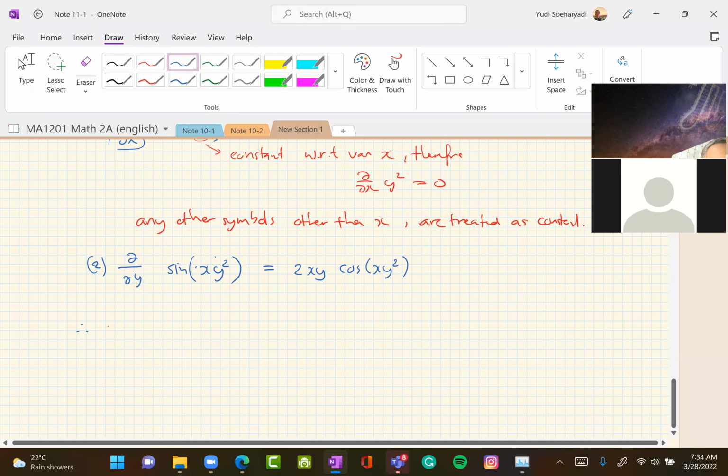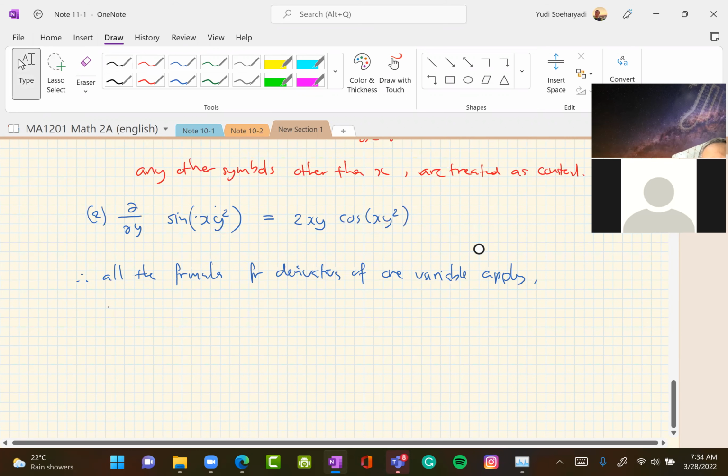Therefore, all the formulas for derivatives apply. We don't need extra or special rules for partial derivatives.